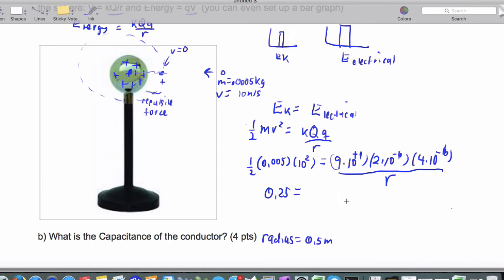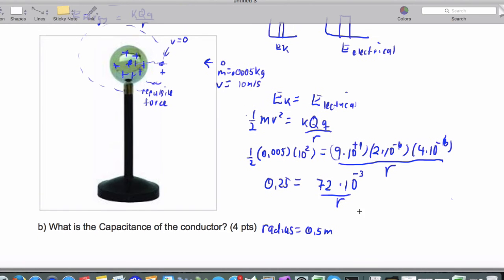So that's 2 times 9 is 18, times 4, or 9 times 8 is 72, times 10 to the negative 3 over r. You don't need to do it this way, I'm just solving this the way I can.